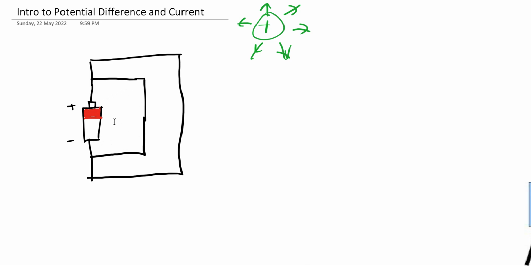So how in the world might that happen? That's going to happen because I have a positive charge and a negative charge. And as a result of that, I'm going to get a net electric field going through my current carrying wire. It's going to be going from positive to negative.